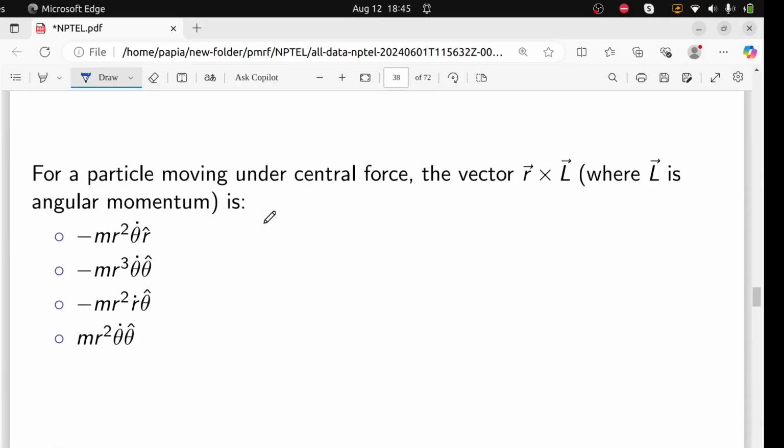Now we will go for the next question. Yeah, this question is a good one. For a particle moving under central force, the vector r cross L, where L is the angular momentum, is how much?